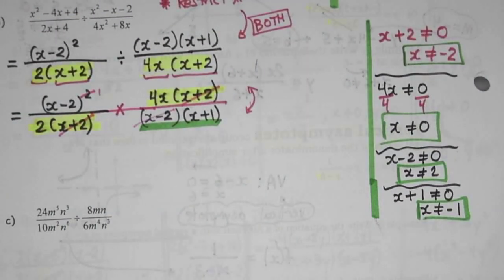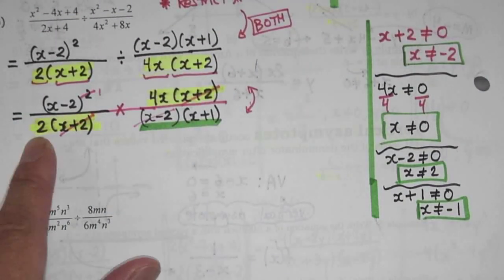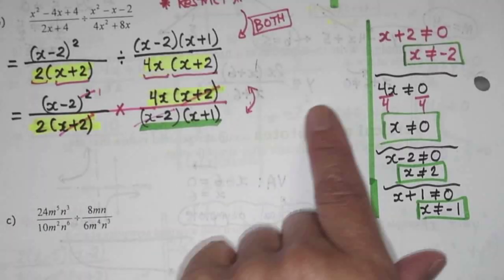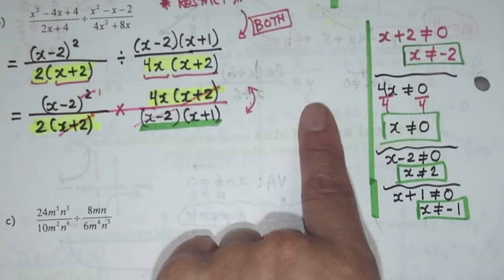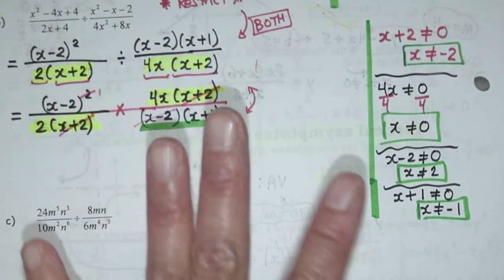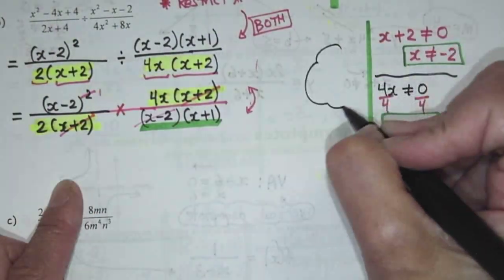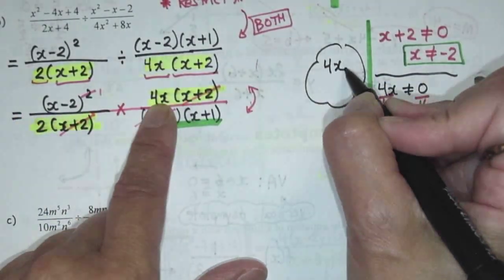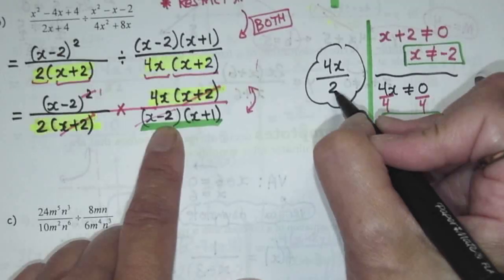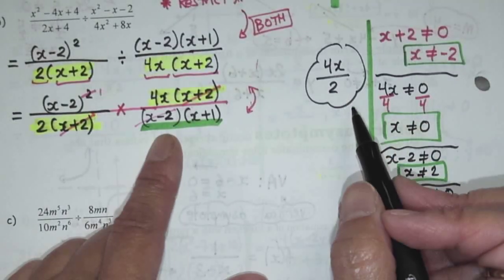Can we try the monomials again? If you want to, grab all of your monomials and pull them to the side. I always say that because you guys hate the monomials mixed in with these. So grab your monomials from the top, 4x, and the monomials from the bottom, 2, and do that on the side.